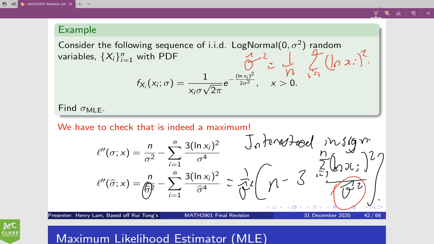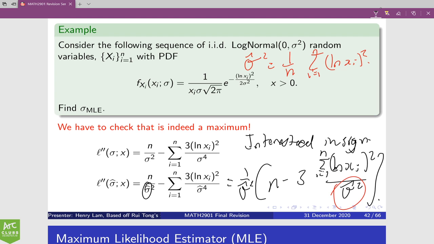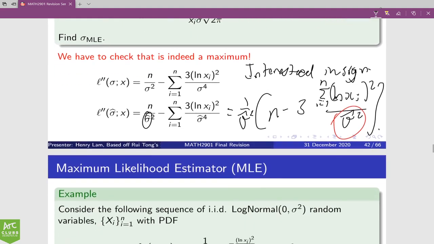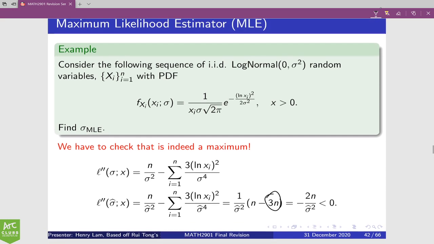Is equal to this thing, right? And if you look at the numerator, you can see that this summation of the log squared things is a constant factor across the two, so it's going to cancel out, right? And in fact, if you were to rearrange things, you can see that it turns out to be this, -3n.